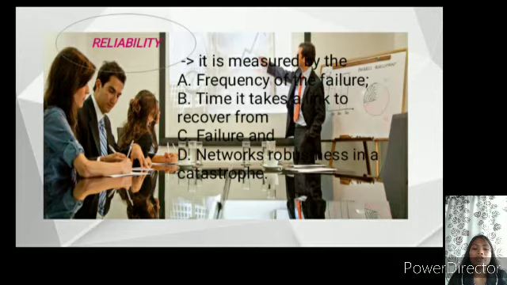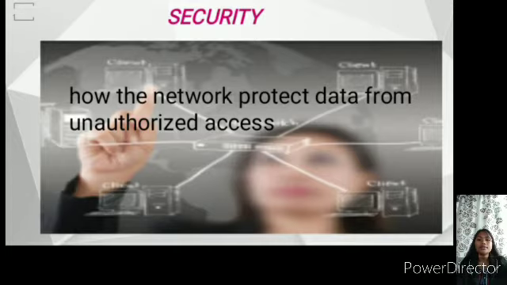Next, guys, what is reliability? Reliability is measured by the frequency of failure, the time it takes a link to recover from a failure, and the network's robustness. Then third is security.